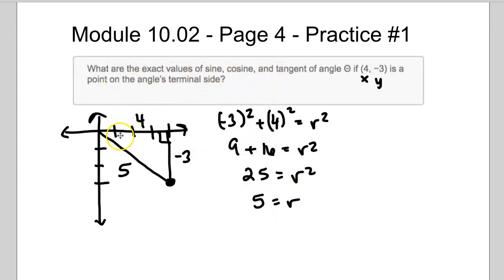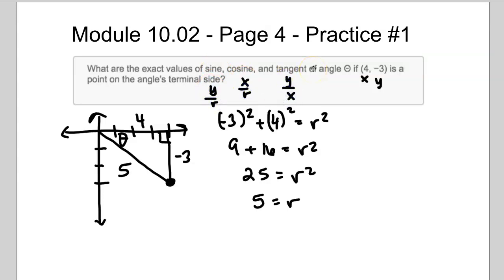The reference angle, or theta, is by the origin. You can find sine, cosine, tangent by using SOHCAHTOA, or you could use the fact that sine is y over r, cosine is x over r, and tangent is y over x.